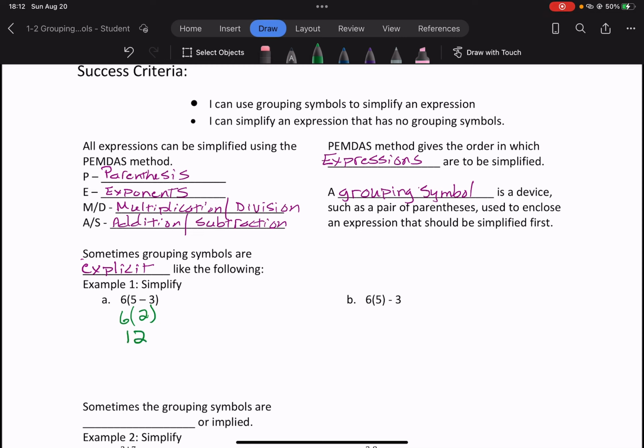In the second one, the grouping symbols are just around the 5, so that just means 6 times 5, which is 30. I bring down the minus 3. 30 minus 3 ends up being 27. So notice that depending on how my grouping symbols are placed, it can actually change the value of our problem.